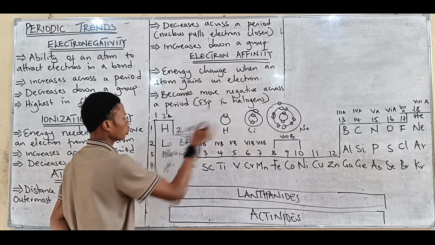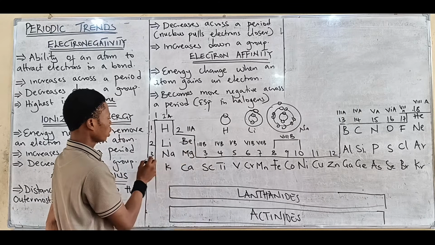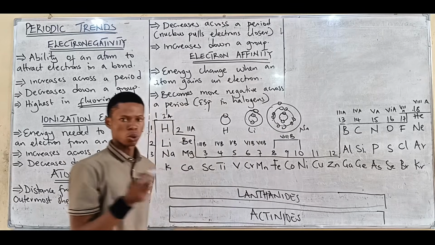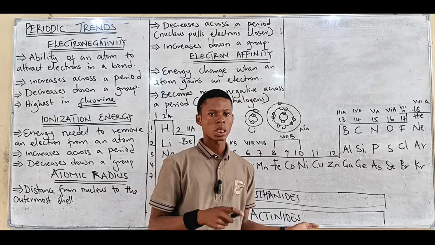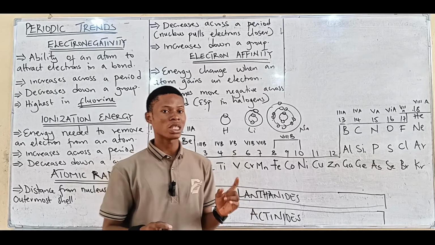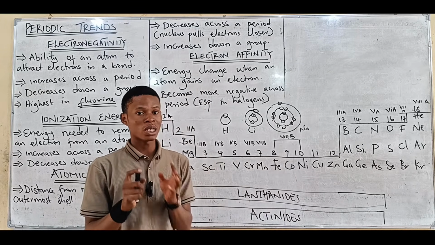Lithium is placed in period 2 because it has 2 shells. That's why it's in period 2. Sodium is placed in period 3 because it has 3 shells. So you've seen it now that what determines the period is the number of shells, and what determines the group is the number of valence electrons, the number of electrons in the outermost shell. The outermost shell is called the valence shell.